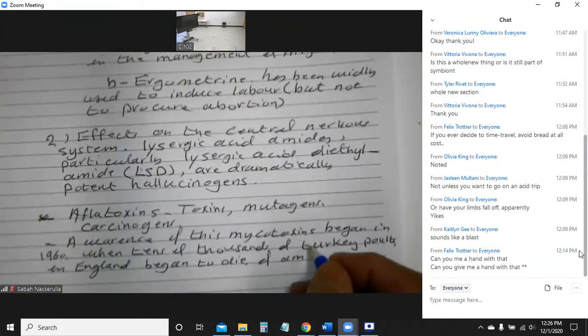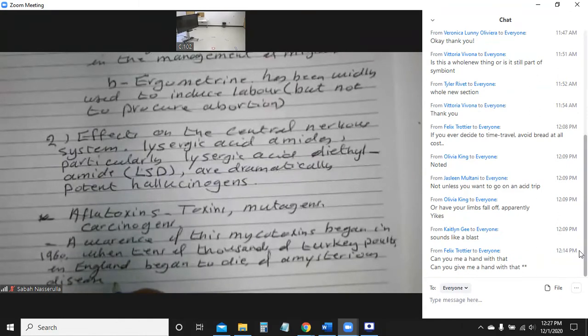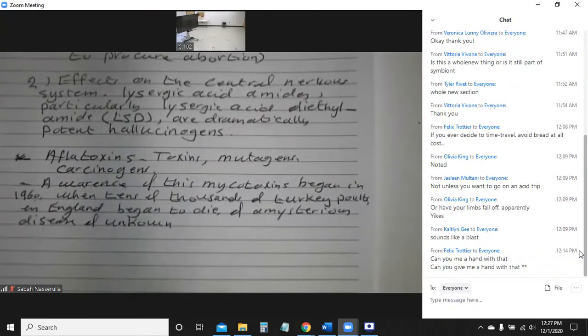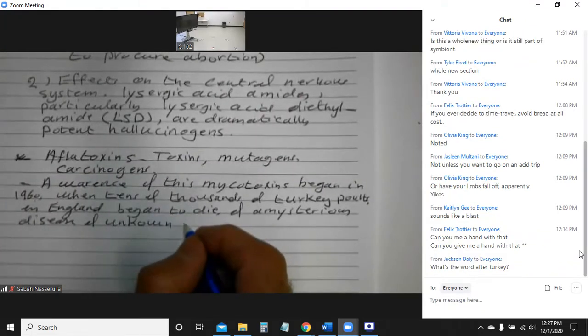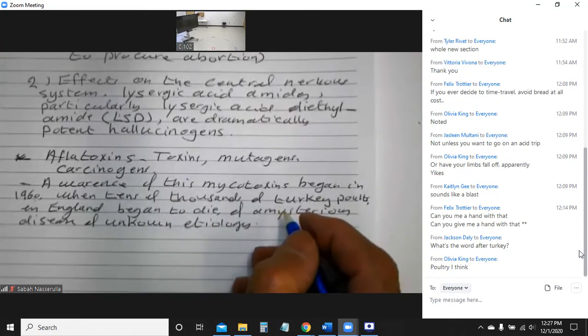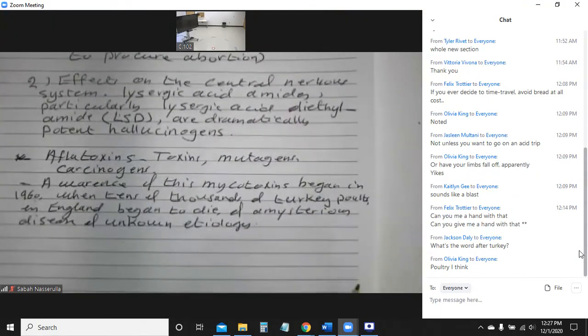At the time, until of course they figured it out later on, it was a mysterious disease of unknown etiology. Also in other places in Britain, other animals were dying.